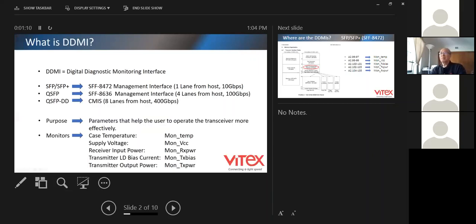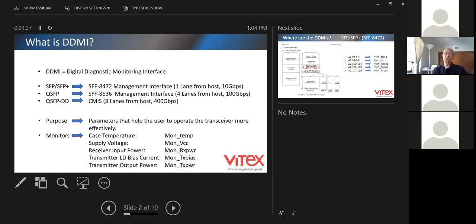So what is DDMI? DDMI is a digital diagnostic monitoring interface. You can use those monitors to make your transceiver work effectively. And also you can see what is going on, and sometimes you can sense if your transceiver is degrading.